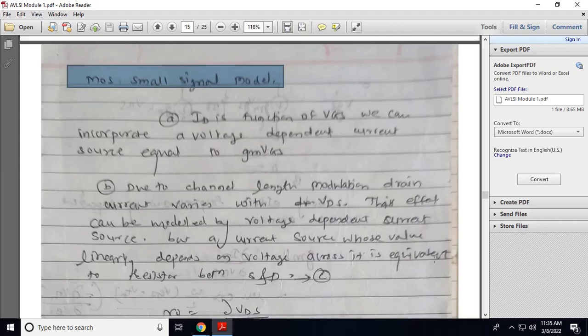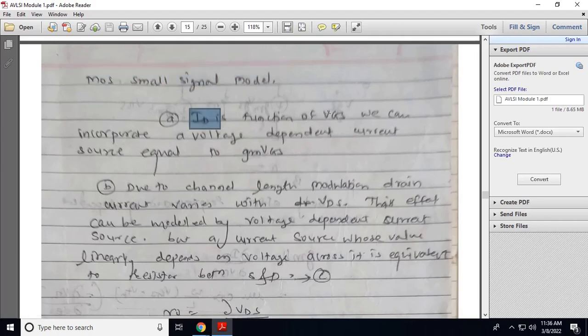Voltage gain is equal to output voltage divided by input voltage. In that case you should know for that particular amplifier what the voltage gain equation is. For that we need a small signal model. So first we will see how to draw a small signal model for a transistor.